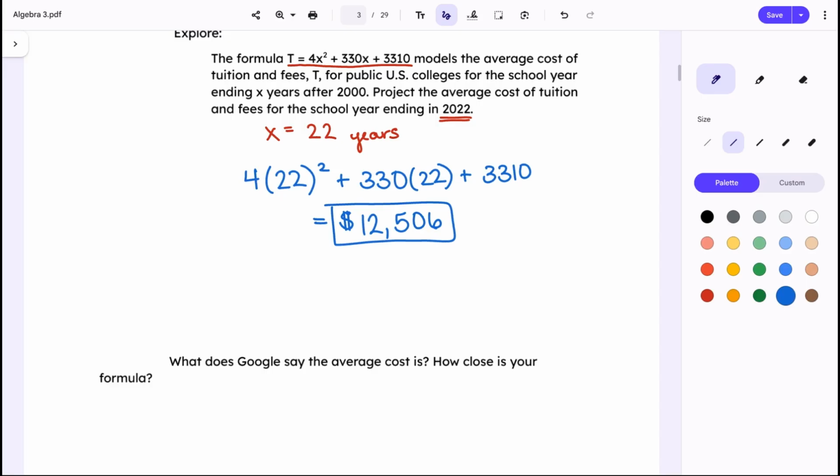We'll see what we get. So depending on if you're in-state or out-of-state, that's going to change. But if we just look at the in-state, it's pretty close. I mean, we're off a little bit, but it's pretty close to what we got because they're saying it's like 10,940 for in-state, and we got 12,000.